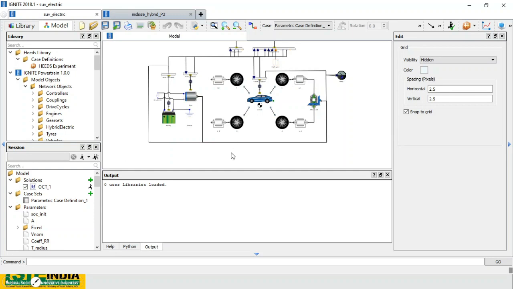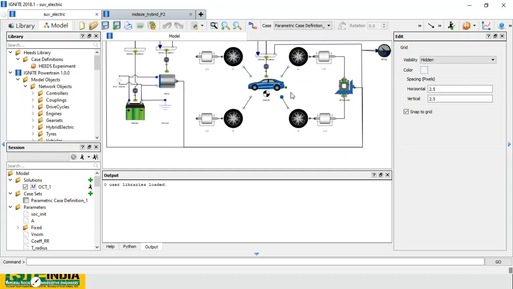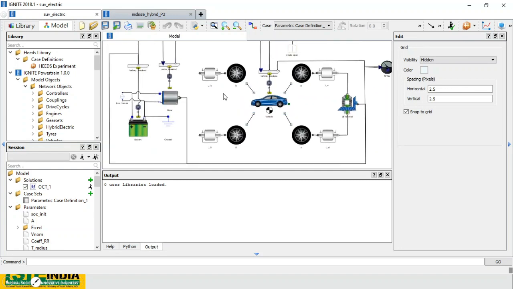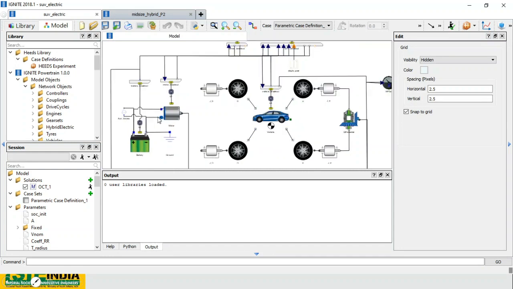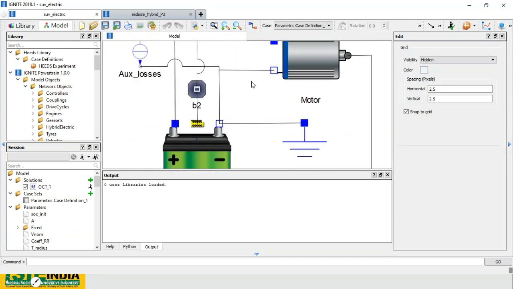So we have this electric SUV, and let us try to understand how the power flows from the batteries, and that's how it reaches the tires. So we have this battery which is powering the motor, right?